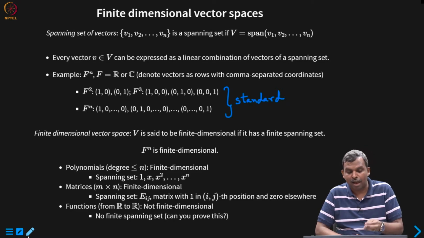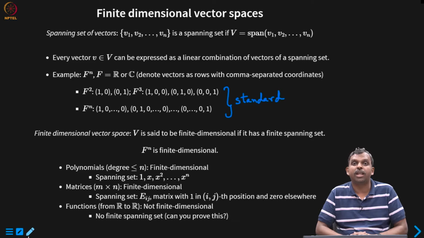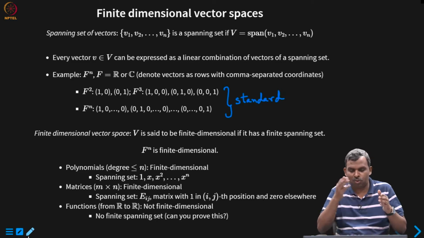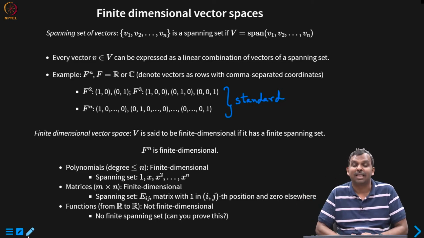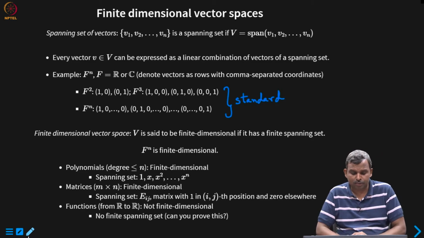So clearly F^n, this vector space with n coordinates written one below the other or one after the other in a row, is clearly finite dimensional because there are n vectors which completely span the space. That's a nice enough example for us to have. There are also other things which are finite dimensional.